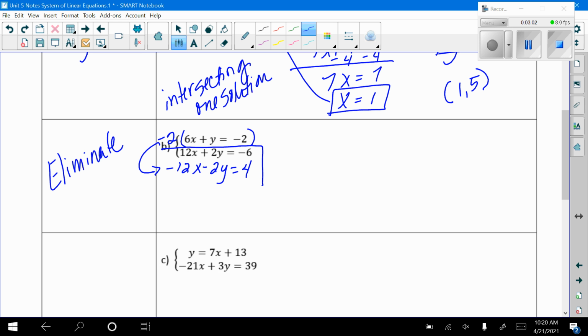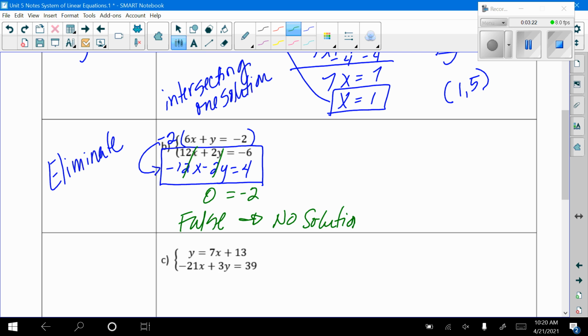Now I'm going to work with these two equations. And when I do that, those go away, those go away. So 0 equals -2. Well, I have no variables, and this is false. So this means no solution, because they are parallel lines.